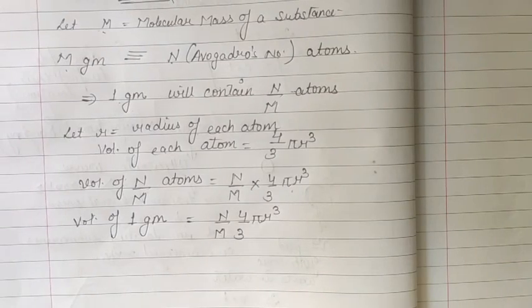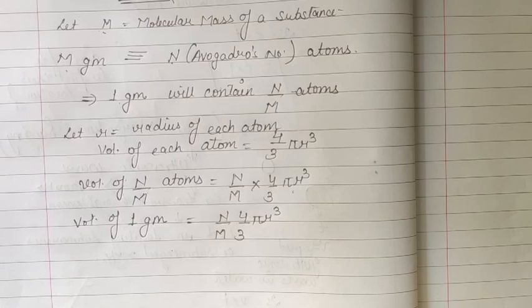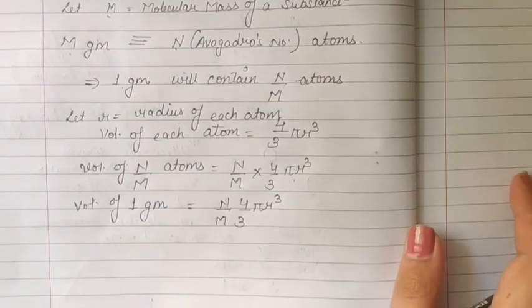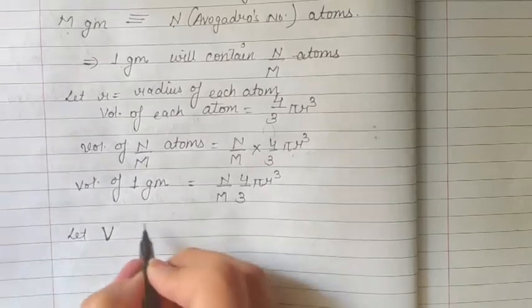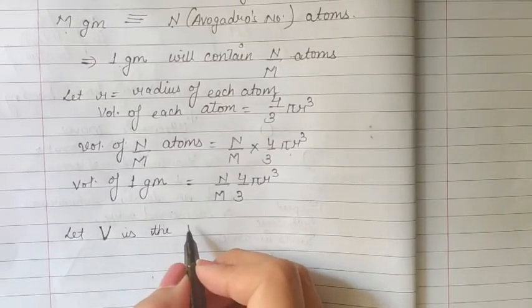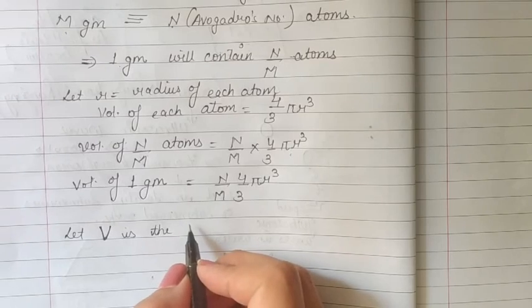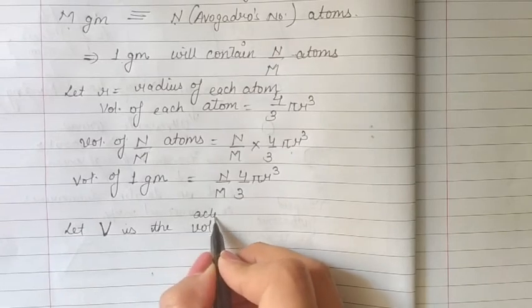Now let capital V be the actual volume occupied by the molecules of 1 gram of that substance. Then according to the hypothesis, capital V is the actual volume.